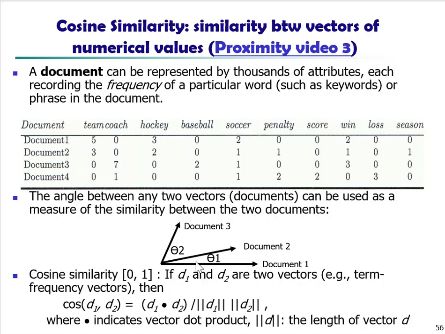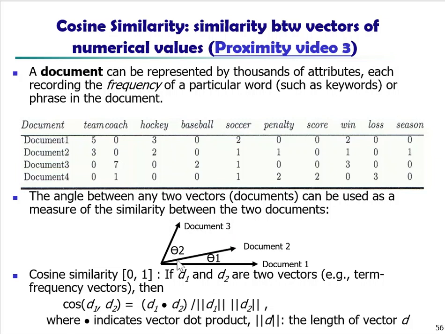They will form an angle of 0, and that angle of 0 is going to have a cosine value of 1, which means that the two documents are exactly the same. The further apart the term distributions of two documents are, the greater the angle between the two vectors.